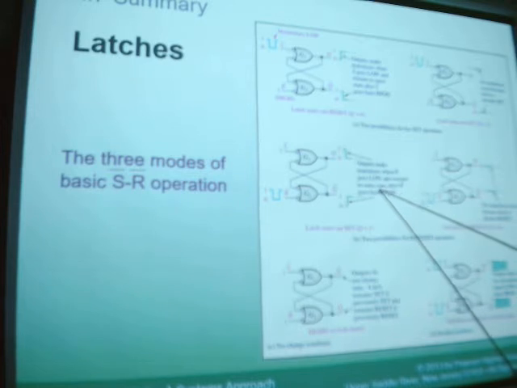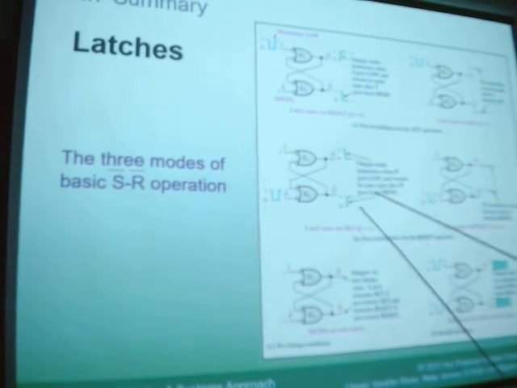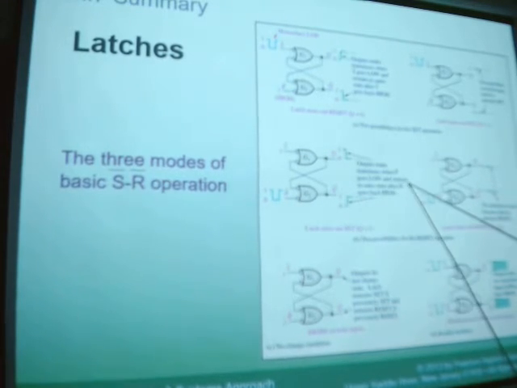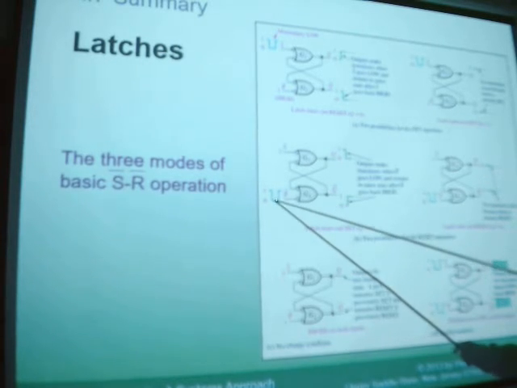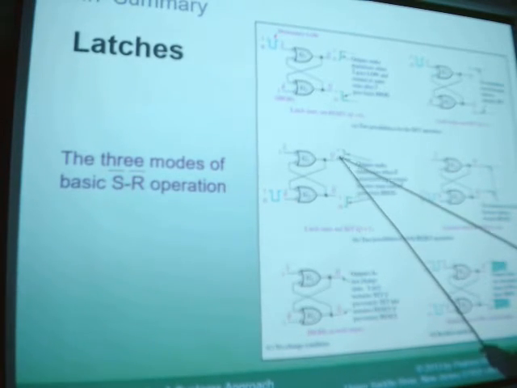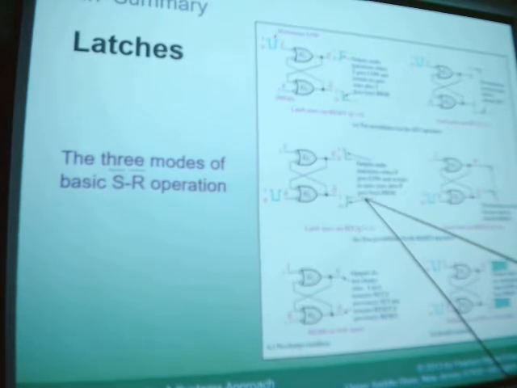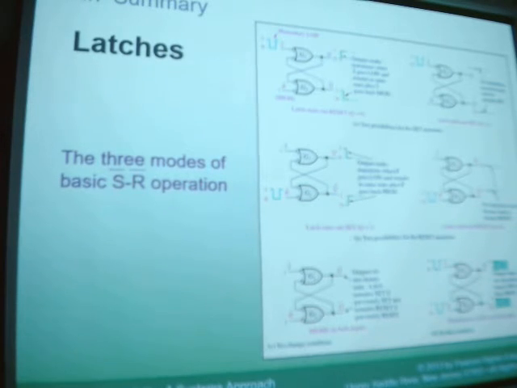Then the outputs make the transition when R bar goes low and remain in the same state after R bar goes back high. From 0 to 1, the output will be 0 for Q. The output for Q bar will remain 1.